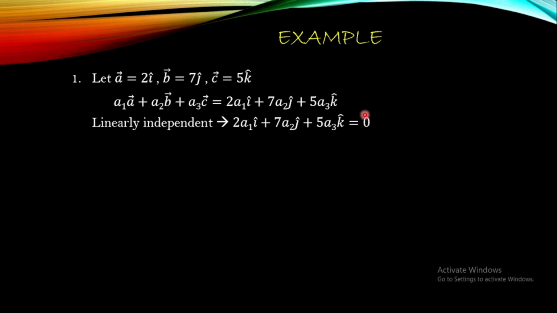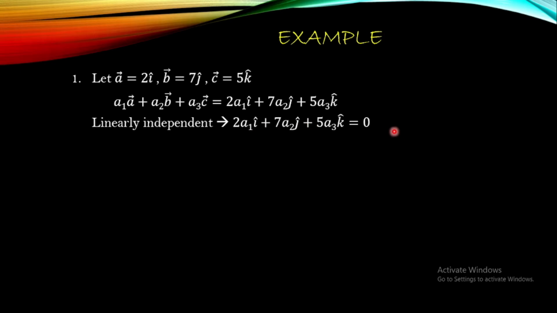This is the summation of all the component vectors equating to 0, which we have already seen in the previous slide as the summation from 1 to n of an phi n equals 0. If these coefficients equal 0, then it is linearly independent. If not, then these are linearly dependent.